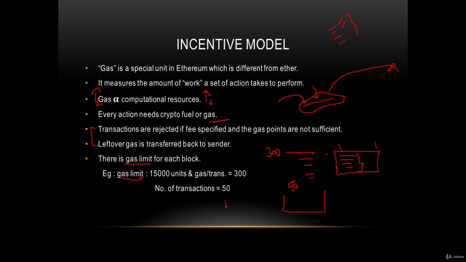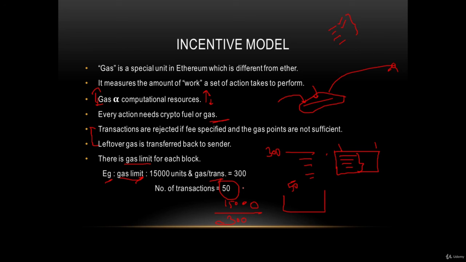The gas limit, which is 15,000, divided by the gas per transaction, which is 300, gives the number of transactions, which is 50. So you can put only 50 transactions in a block for this example. If the gas limit is more, you can put more transactions. If the gas per transaction is more, with the gas limit remaining constant, then the number of transactions will reduce. So it is like this.